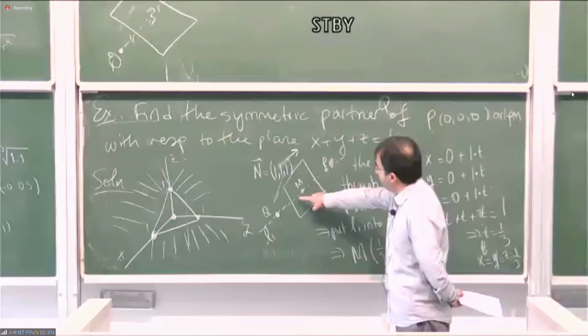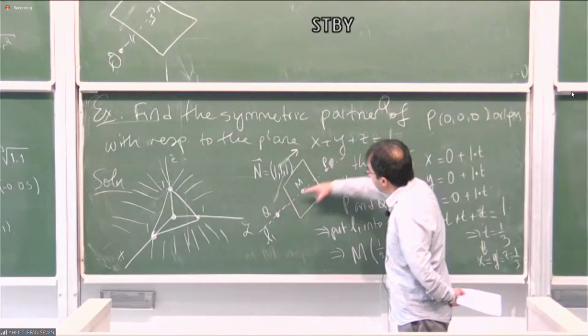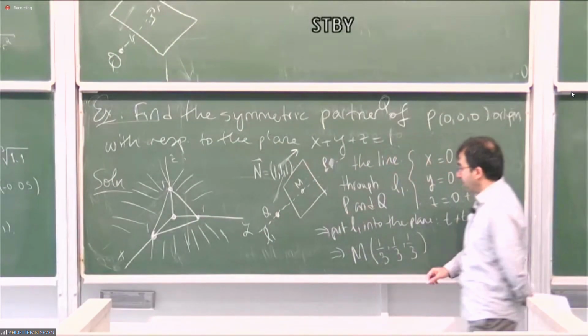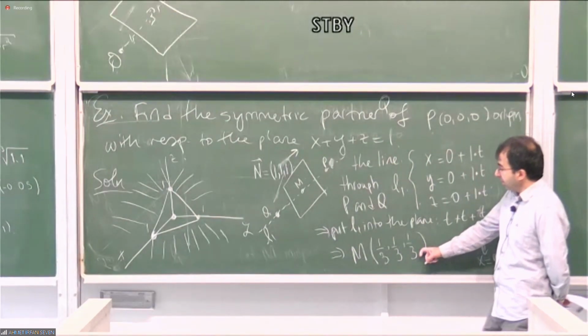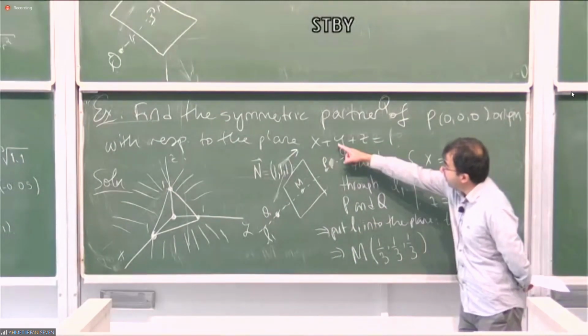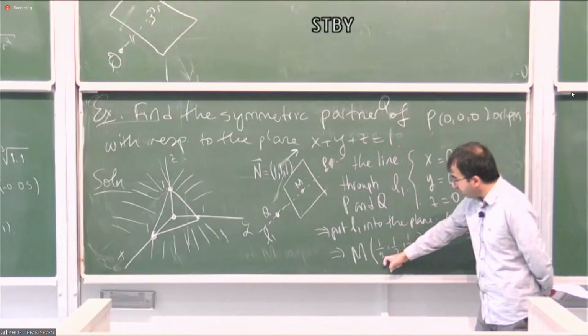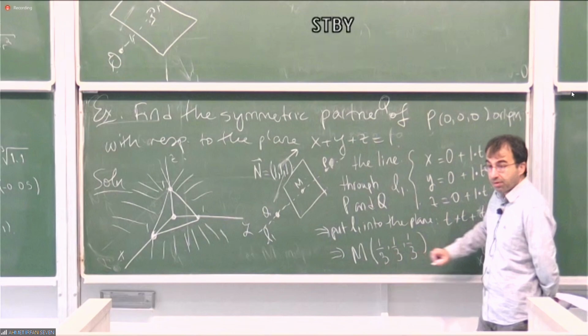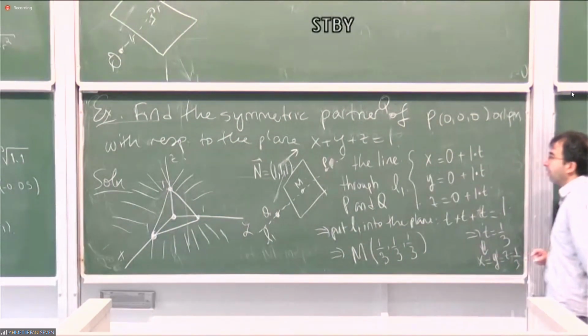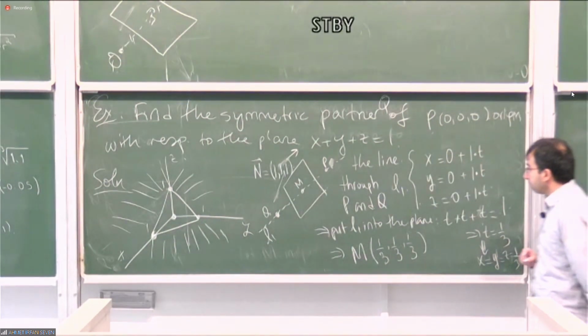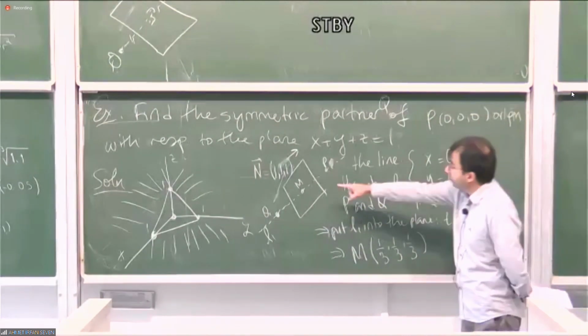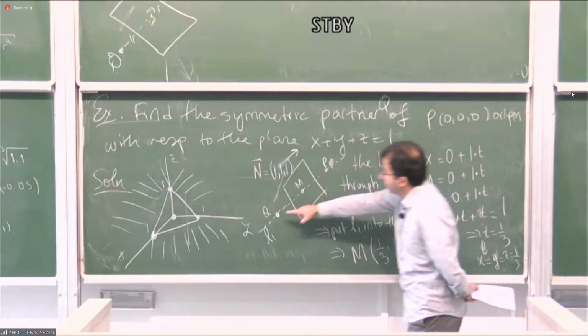M is the point where the line through P and Q intersects the plane. So you see, this is on the plane because it satisfies the equation x plus y plus z equals 1. Really, 1 over 3 plus 1 over 3 plus 1 over 3 is equal to 1. So I have found M, but I want Q.